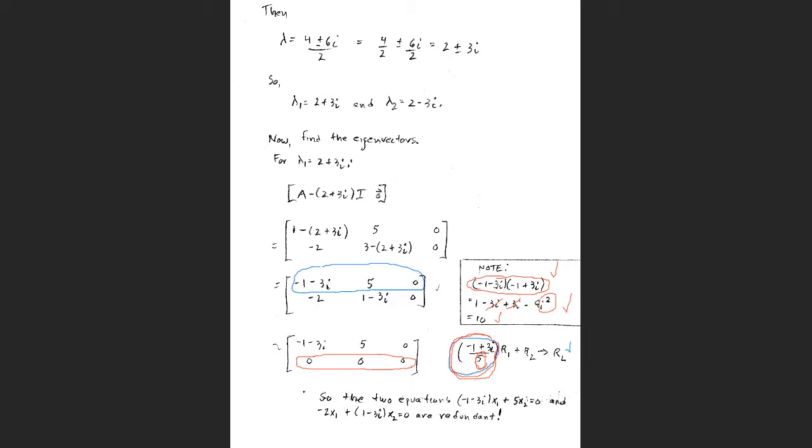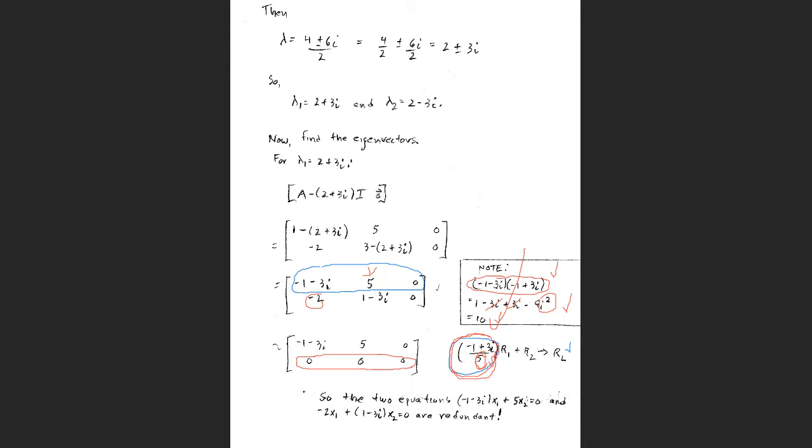So effectively, since 10 divided by 5 is 2, you're adding 2 to -2, which gives you 0. And then 5 times -1 plus 3i over 5, that's going to equal -1 plus 3i.